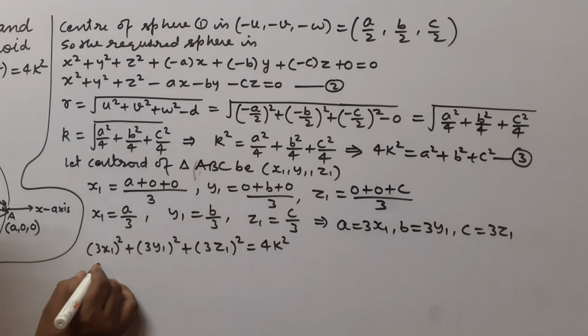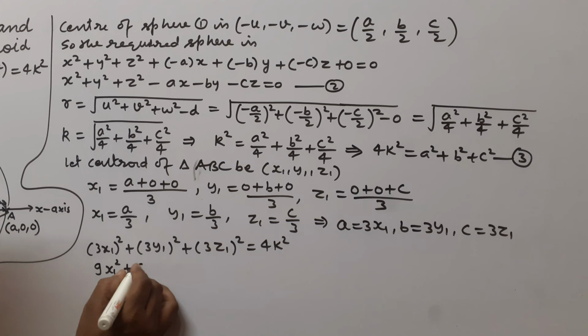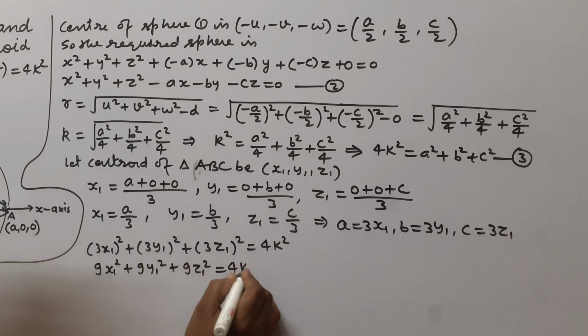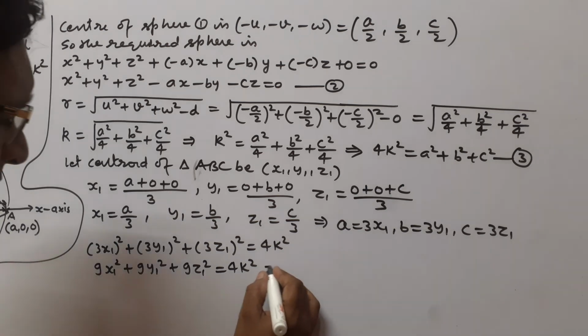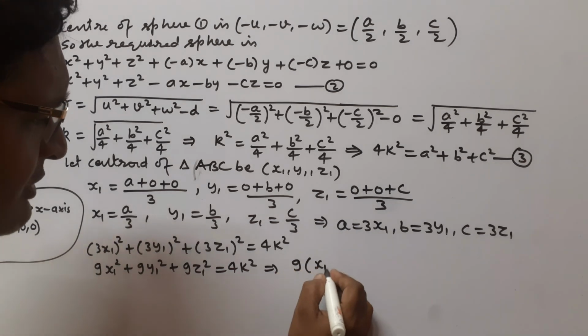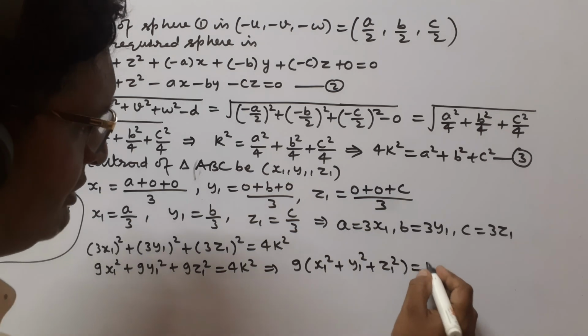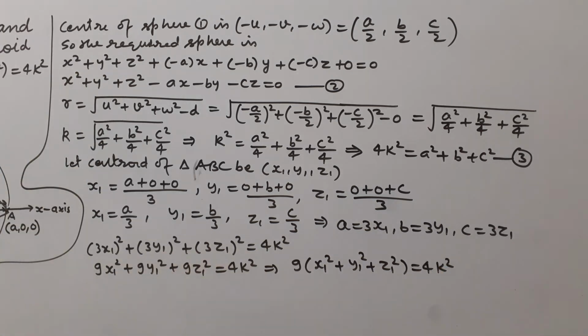Now 3x1 whole square, that is 9x1 square plus 9y1 square plus 9z1 square, this is equal to 4k square. Now taking 9 common on the left hand side, we get here 9 times x1 square plus y1 square plus z1 square is equal to 4k square.